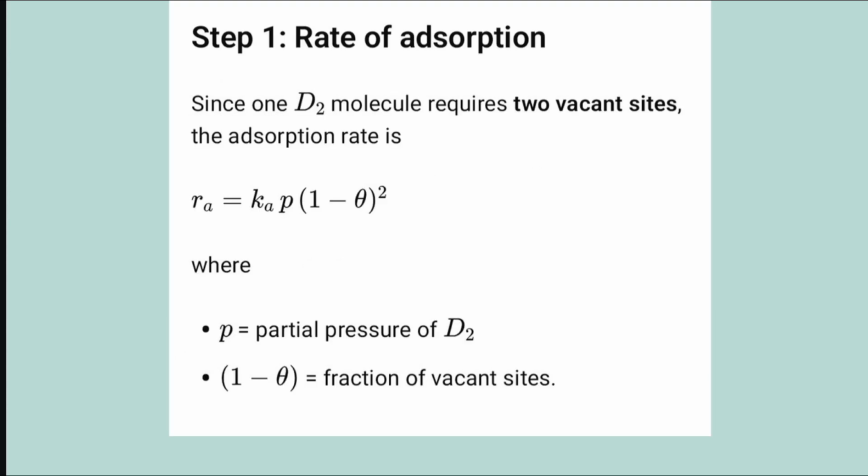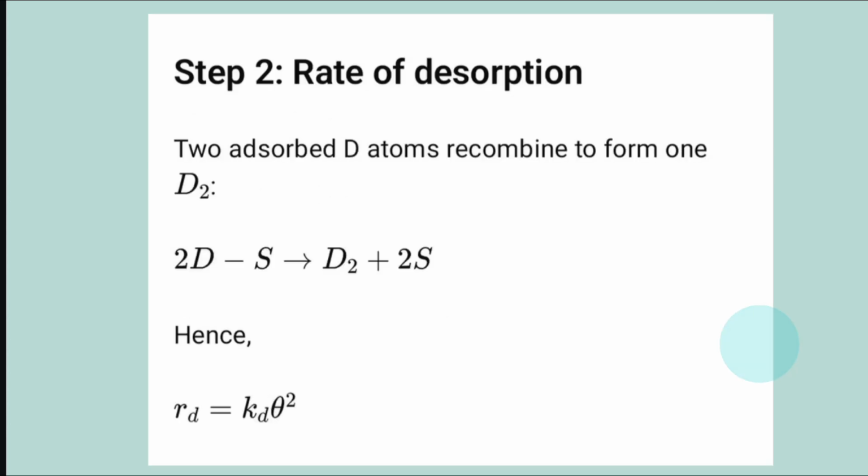In step 1, rate of adsorption. Since 1 D2 molecule requires 2 vacant sites, the adsorption rate is Ra is equal to Ka into P into (1 minus theta) whole square, where P is equal to partial pressure of D2 and 1 minus theta is equal to fraction of vacant sites.